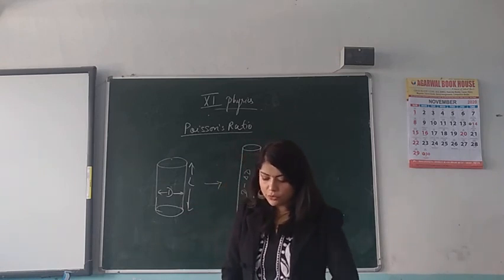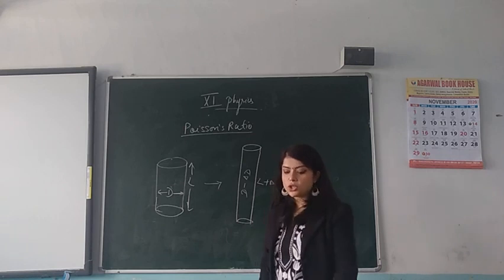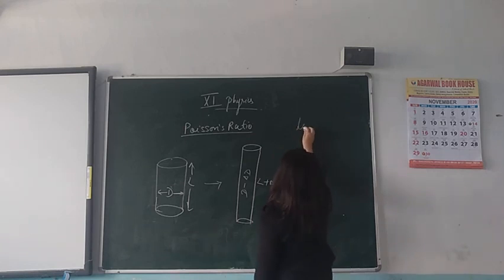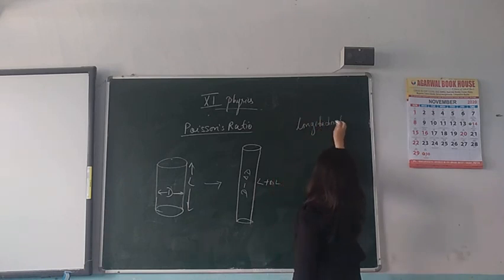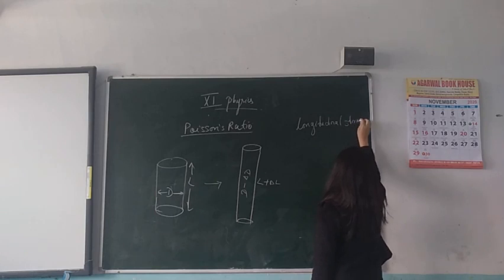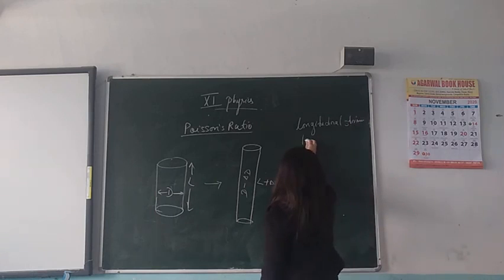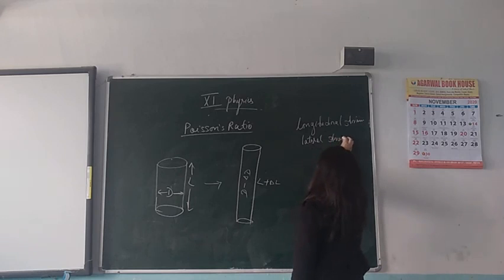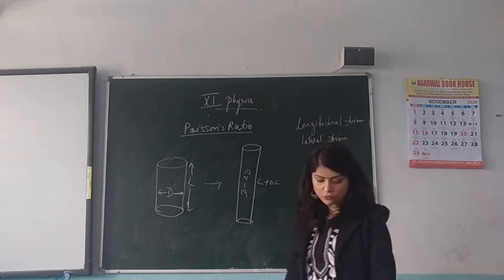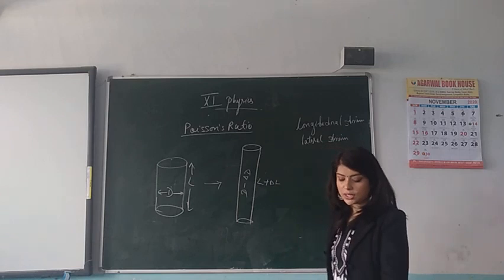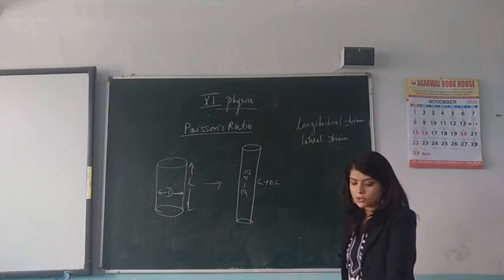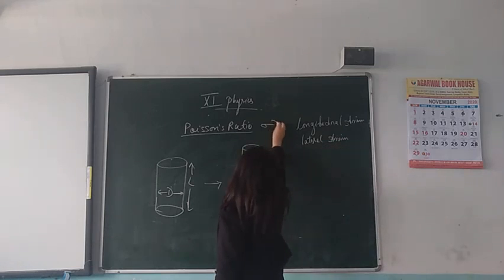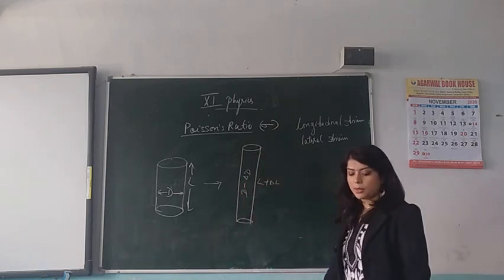Now the ratio of strain, that is the ratio of longitudinal strain to the lateral strain, is the Poisson's ratio denoted by rho.